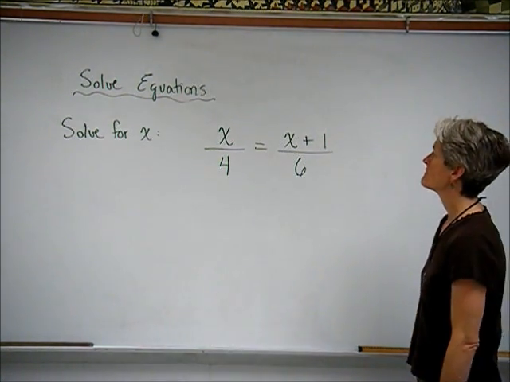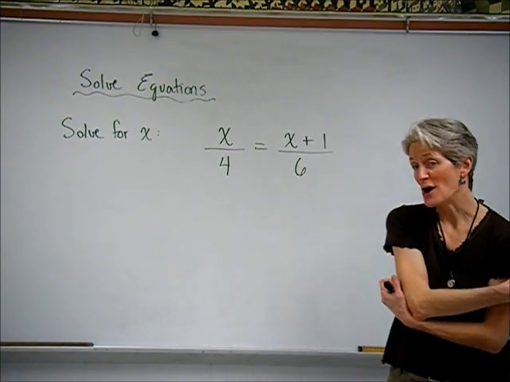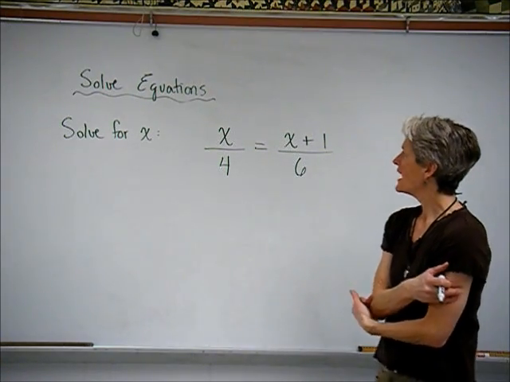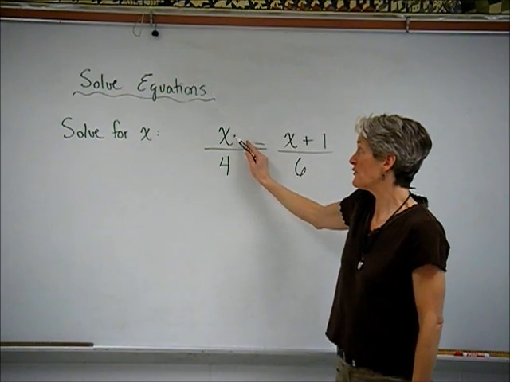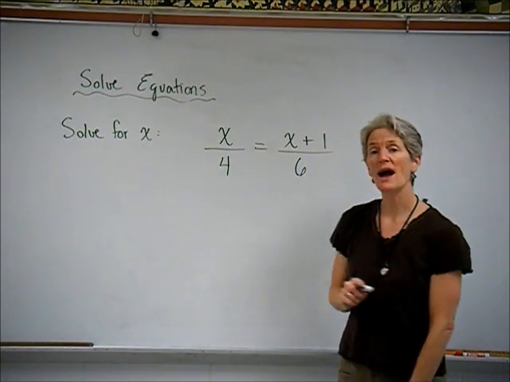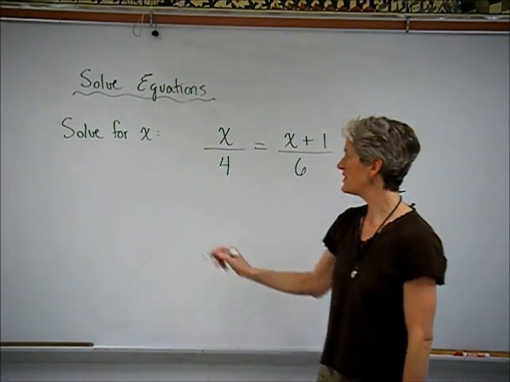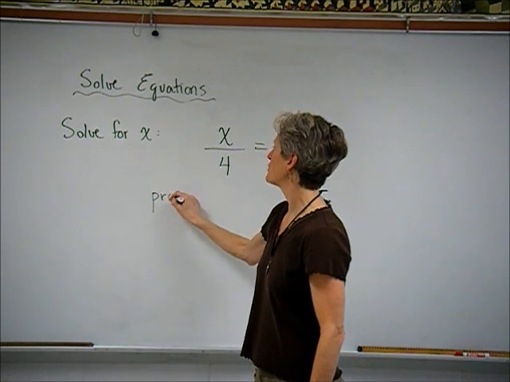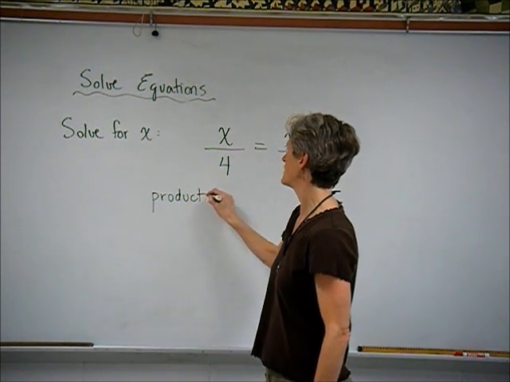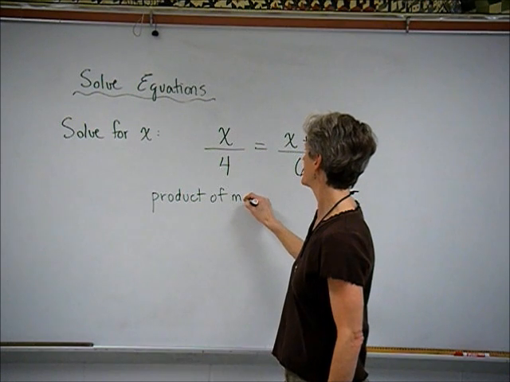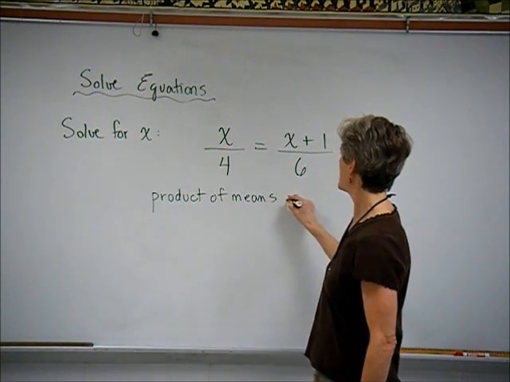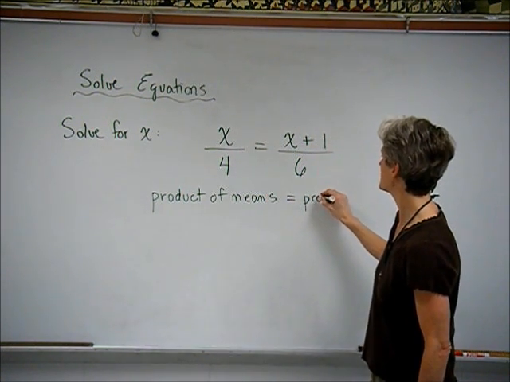All right? Now, there are lots of ways that we've talked about doing this. But when you have a proportion, that is a fraction equal to a fraction, one nifty thing that we discovered was that the product of the means equals the product of the extremes.